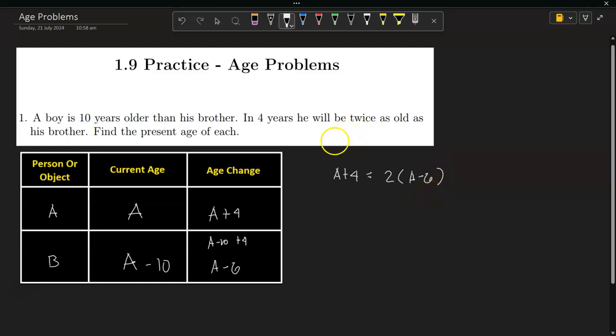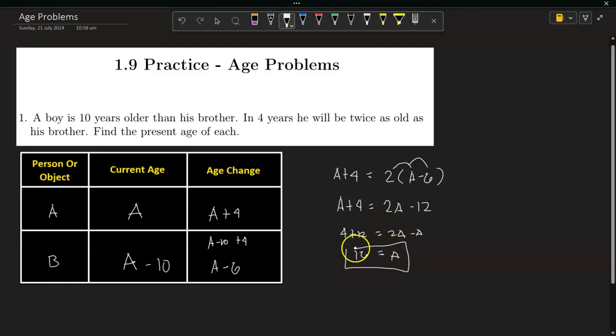And then we're just going to simplify things out. This is A plus 4, and this is 2A, and this is negative 12, so we have 2A minus 12. Then combine like terms, we will get 4 plus 12 equals 2A minus A. And this gives us 16 equals A.